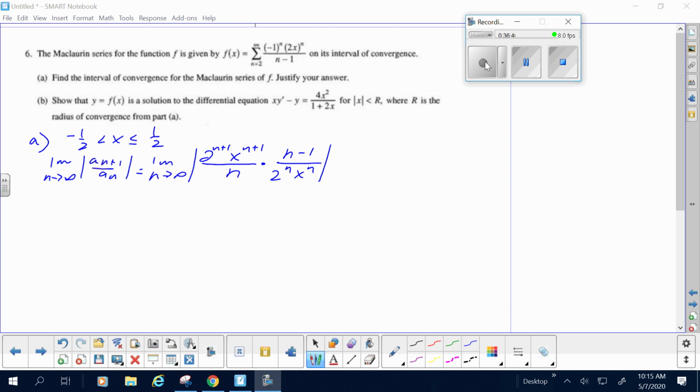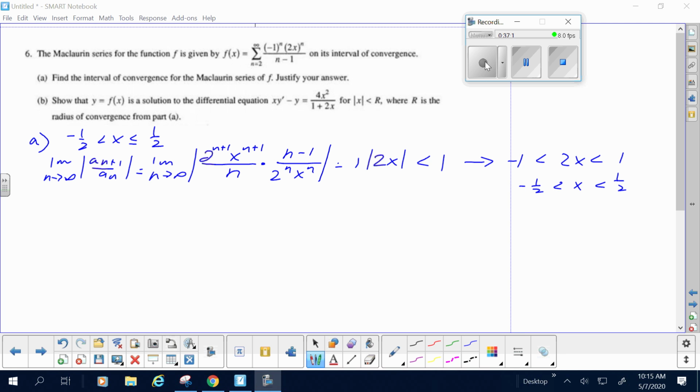If you divide out 2 to the n, leaving you with 2 to the first, divide out an x to the n, leaving you with x to the first, and then take the limit of n minus 1 over n, which goes to 1, then you get 1 times 2x. That's less than 1. That implies that 2x has to be between 1 and negative 1, so x is between negative 1/2 and 1/2.